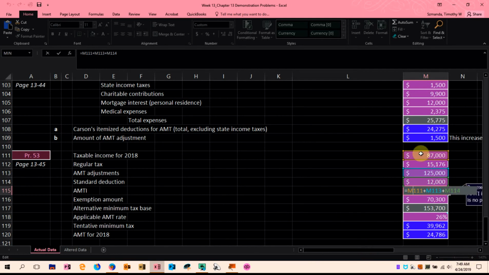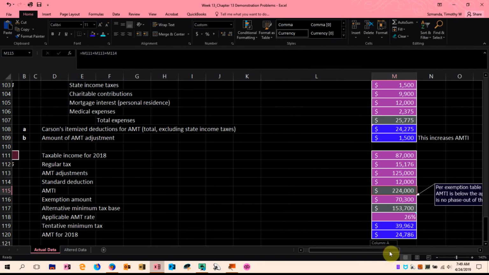I'm taking the amount of the taxable income, which is our starting point, and then I'll add to that the amount of the AMT adjustments. So now we're converting from regular taxable income to the alternative minimum taxable income. 87 is regular taxable income plus the $125,000 AMT adjustments, and then we're going to add to that the standard deduction of $12,000. So now we have the AMTI of $224,000.